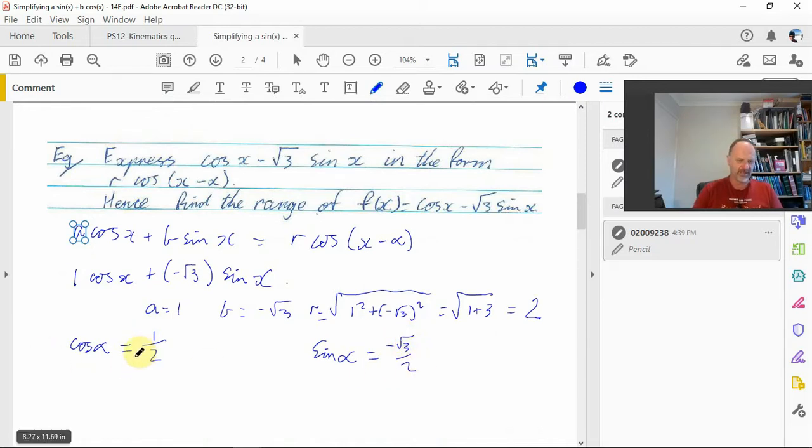Now, this is positive half, so we're in the first or fourth quadrants. But here the sign is negative, so we're in the third or the fourth quadrants.